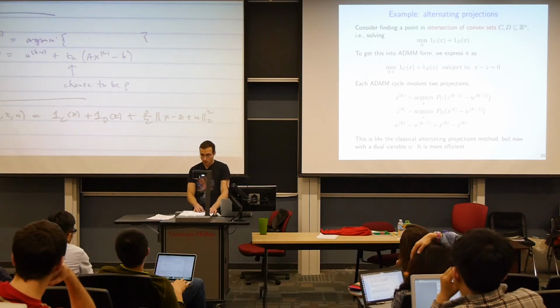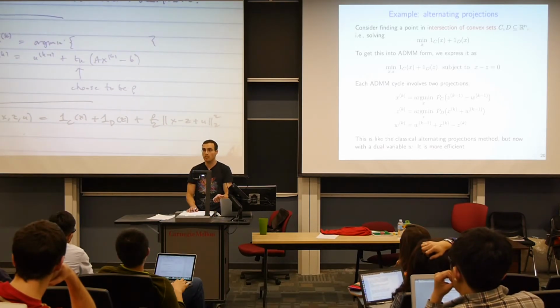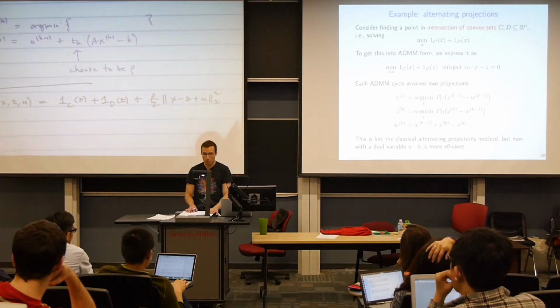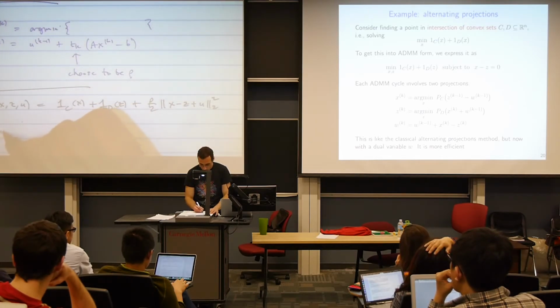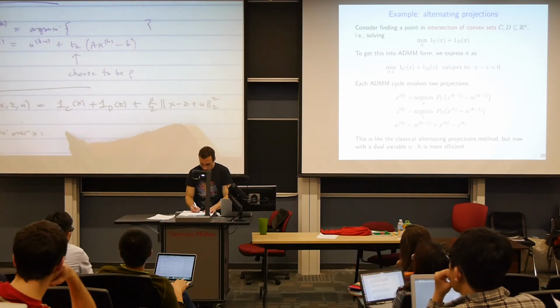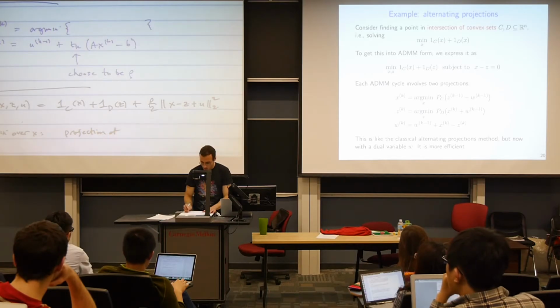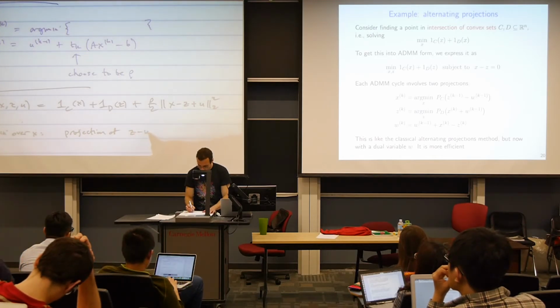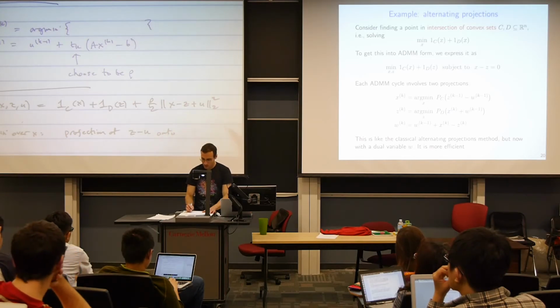And now I just look at this and I say I have to minimize this over x, then over z, then do a dual update in u. So minimize over x. What are the terms here involving x? It's just this and this. And you can see this ends up looking like a projection of z minus u onto the set C. Because I can write this as the norm of z minus u minus x, squared.